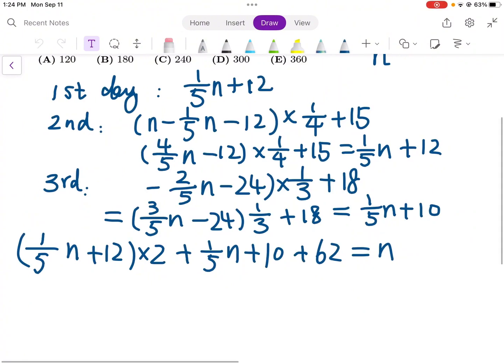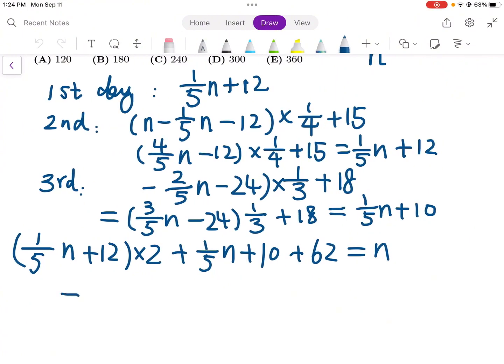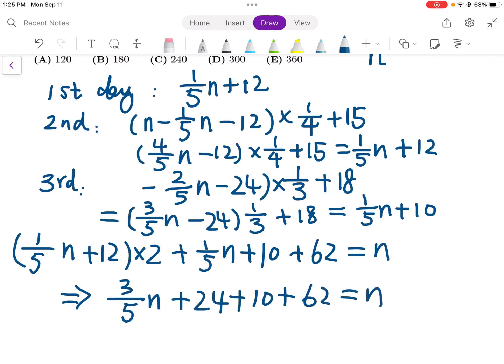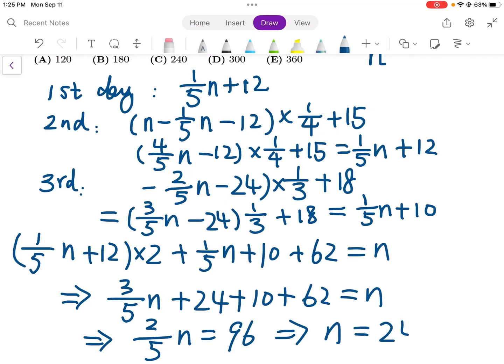We get 3/5 n plus 24 plus 10 plus 62 equals n. And further simplification, we get 2/5 n equals 96. And from there we get n equals 240 pages in total.